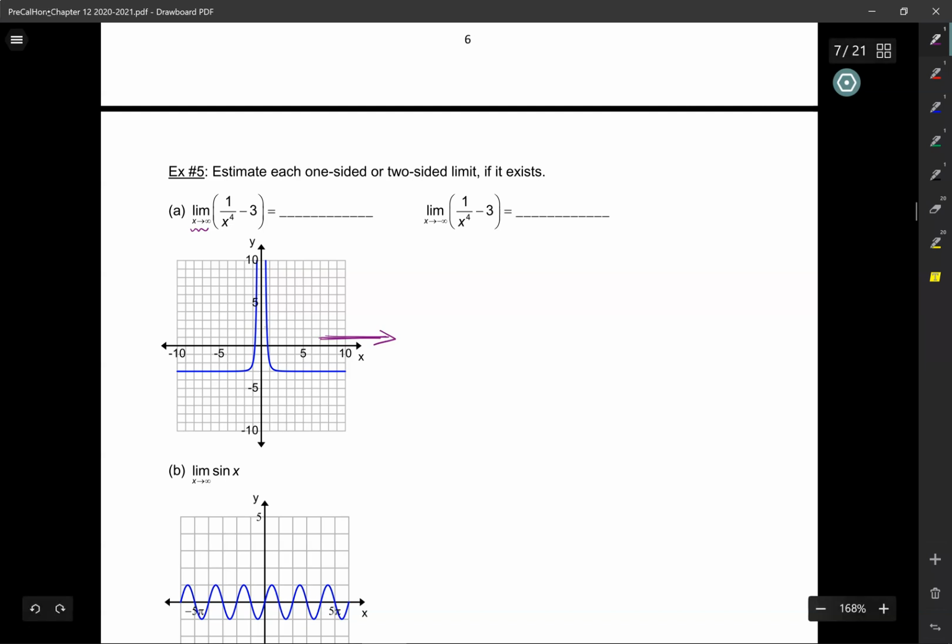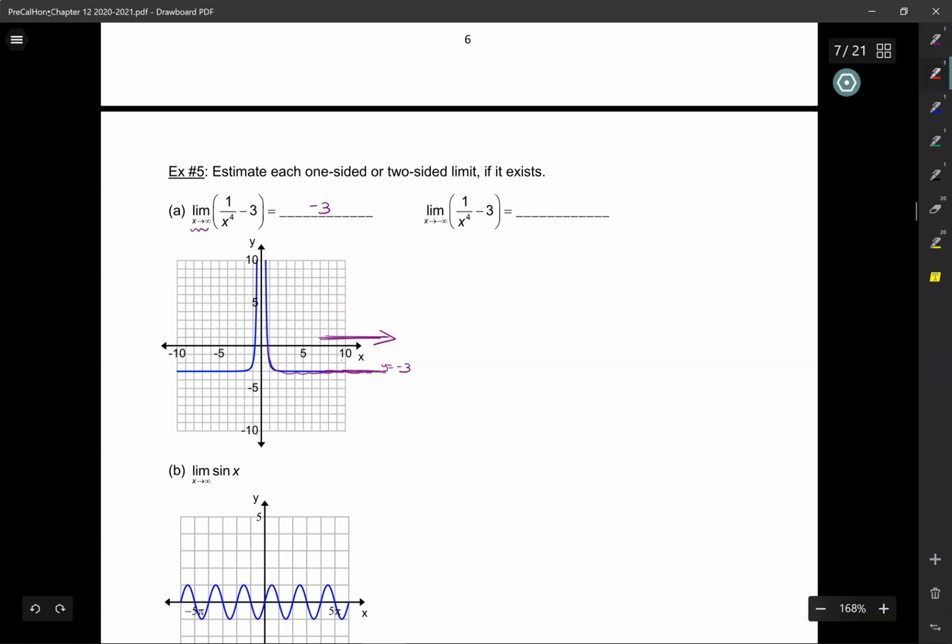One way to do this is to literally, with your finger or with your pen, trace the function and see the behavior. Do you see how it's flattening out here at -3, y equals -3? So I say the limit here is -3.